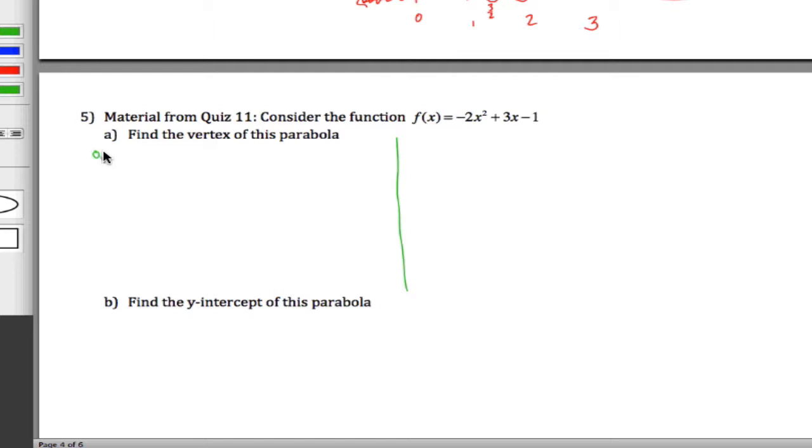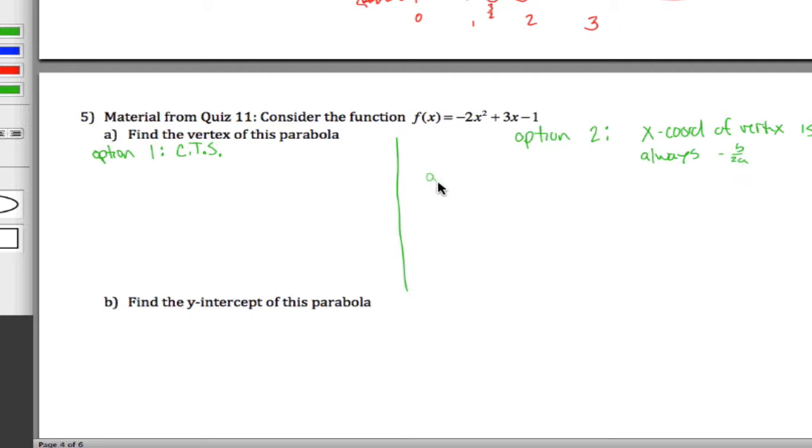Option 1: complete the square. Most people think this way is harder. Option 2: the x coordinate of the vertex is always negative b over 2a.